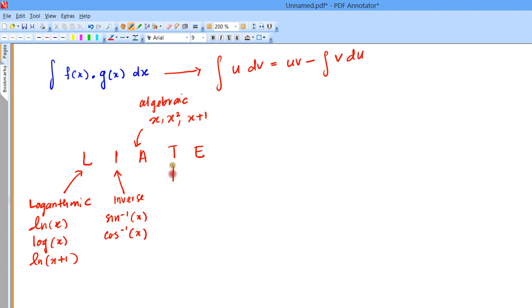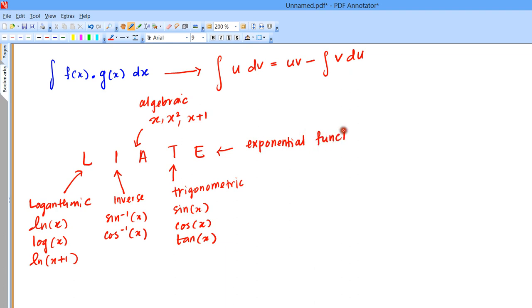T refers to trigonometric function, for example sin x, cos x, tangent x. And E, lastly, refers to exponential function, for example e power of x, e power of negative x, e power of negative 2x, or e power of 3x.